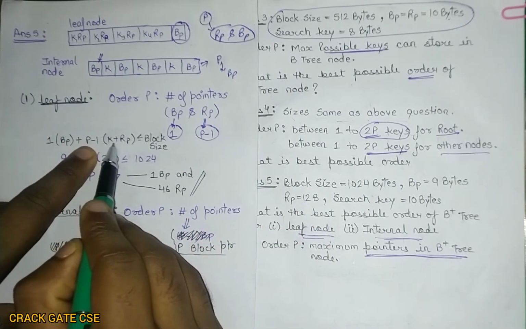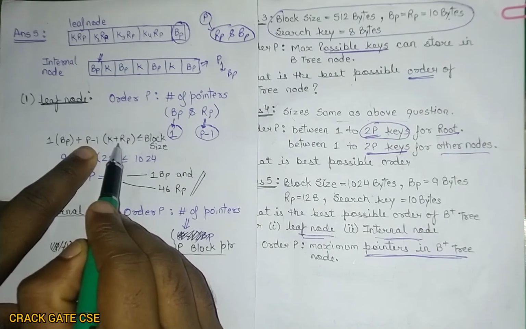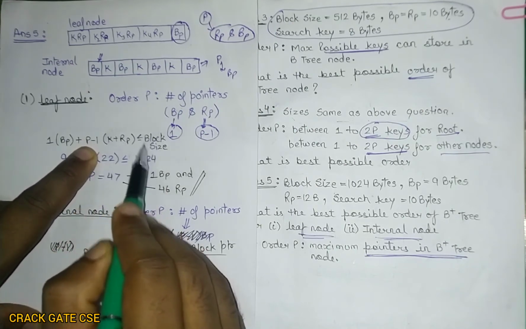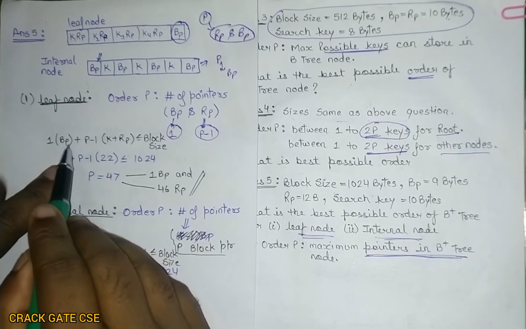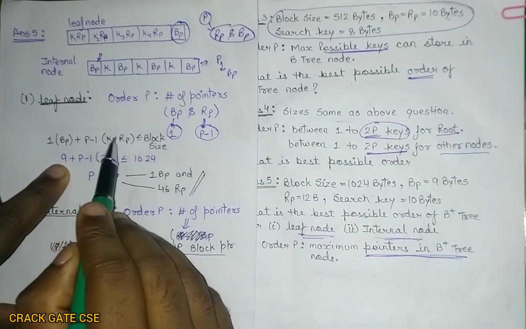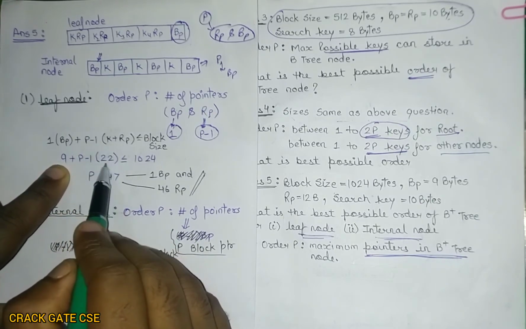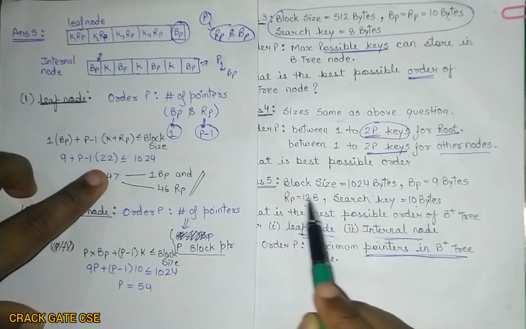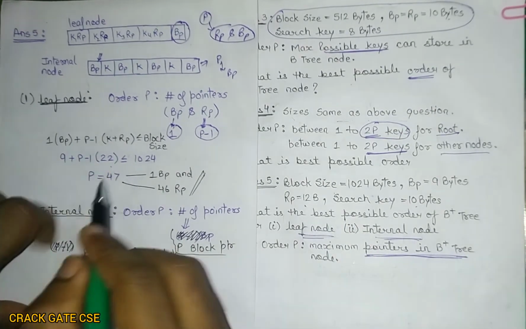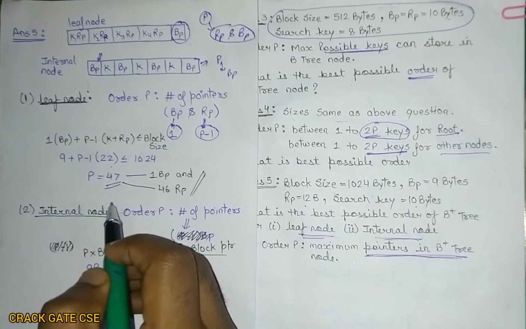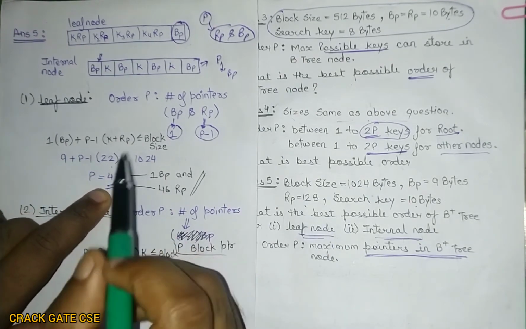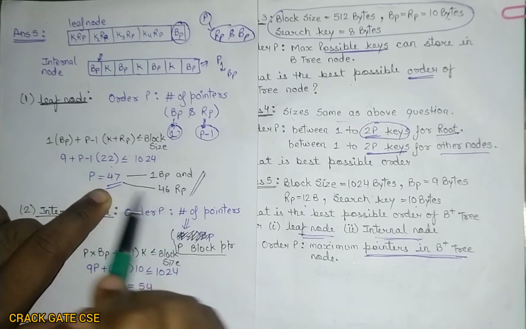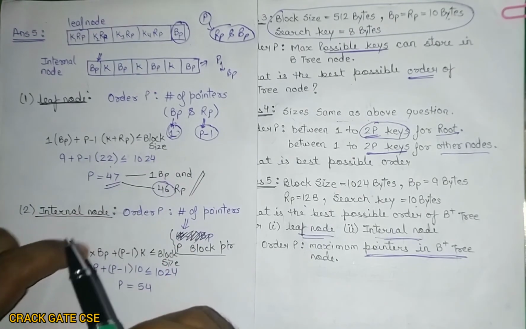P minus 1 key plus record pointer pairs, right, will be less than or equal to the block size. So you just have to put in the values of the block pointer size, key size and record pointer size. So key is 10, record pointer is 12, so 10 plus 12 is 22. You have to solve it. This will be 47. Now if this is 47, how many block pointers are there? 1. The remaining 46 are the record pointers.